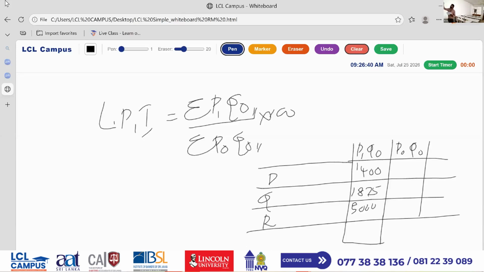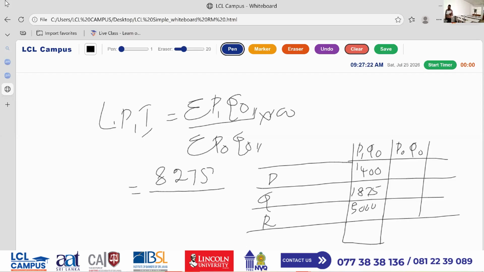This is sigma P1 Q naught: 5000, then 1400, 1875, total 8275. Now the answer is 8275 over sigma P naught Q naught. For P naught Q naught, 225 into 8.